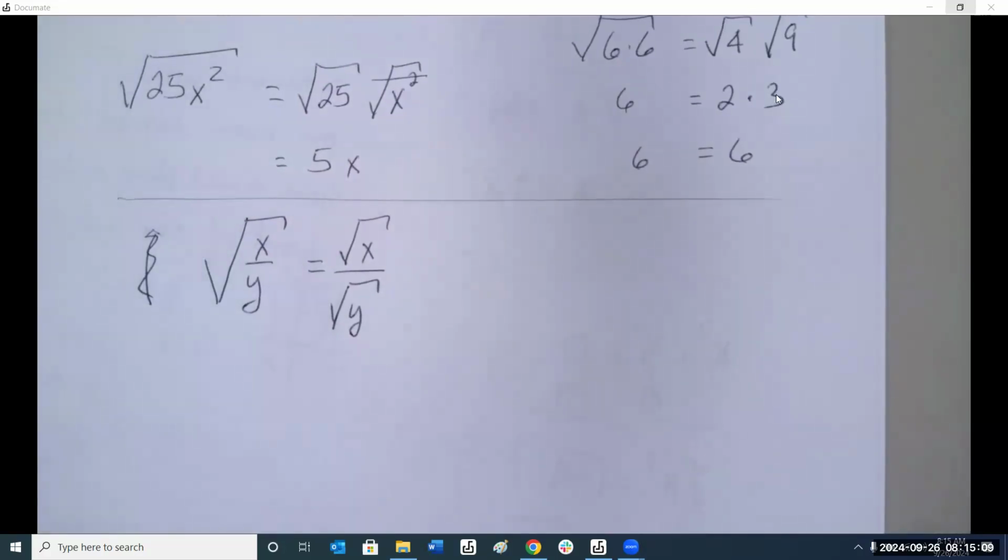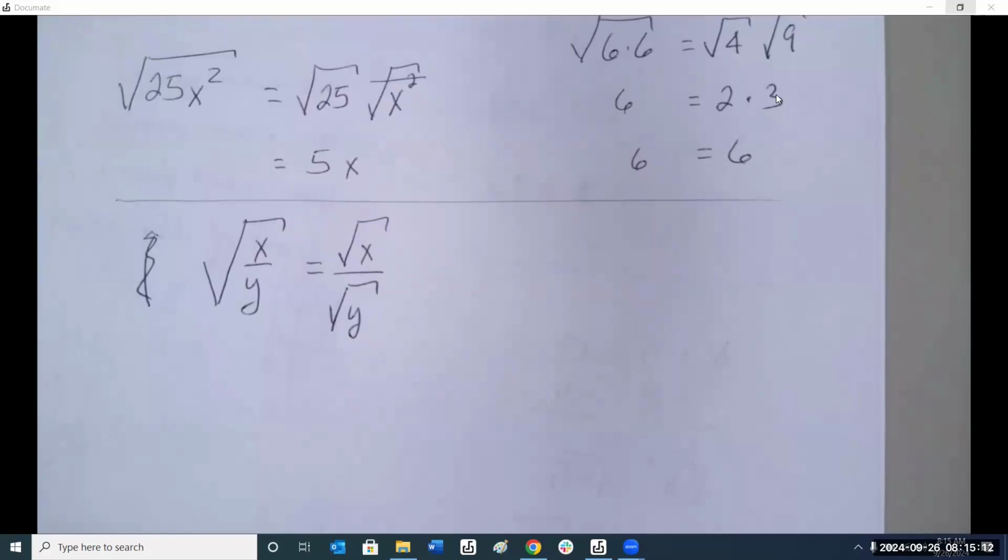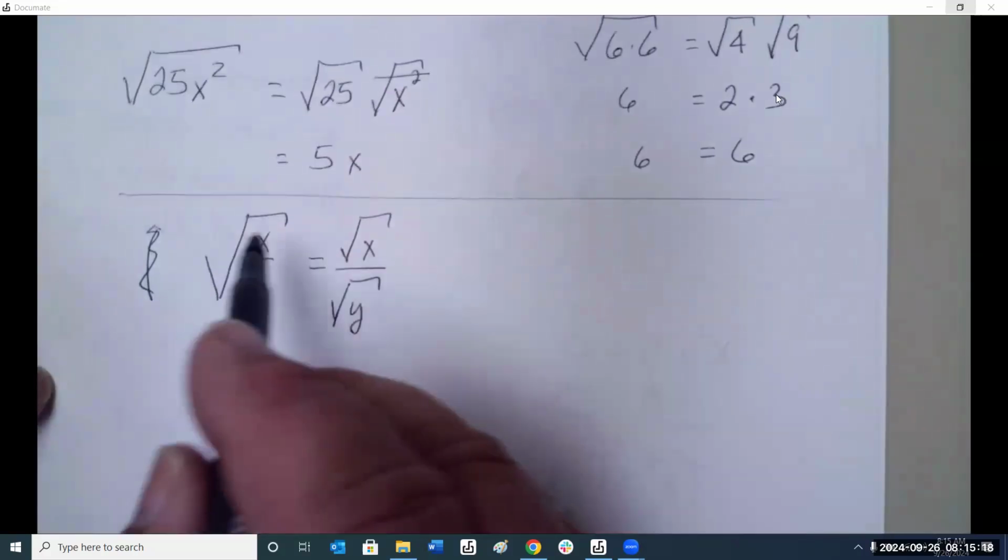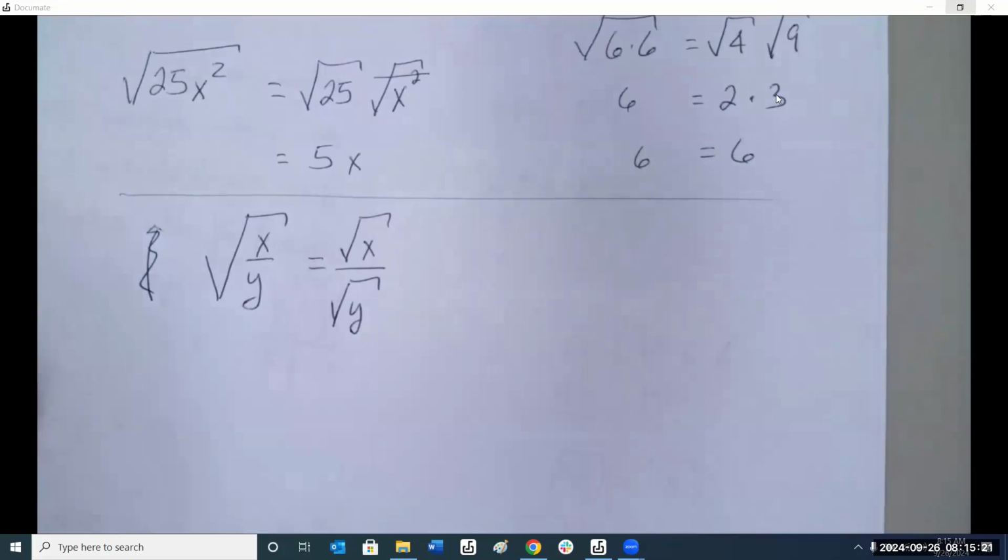And the rule of math says that you cannot have radicals on the bottom. But this is the property, and I'll show you how to get rid of those.